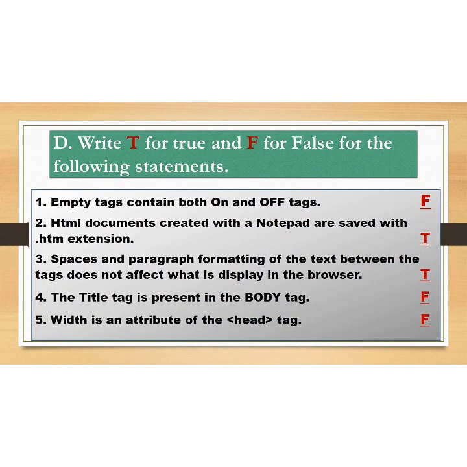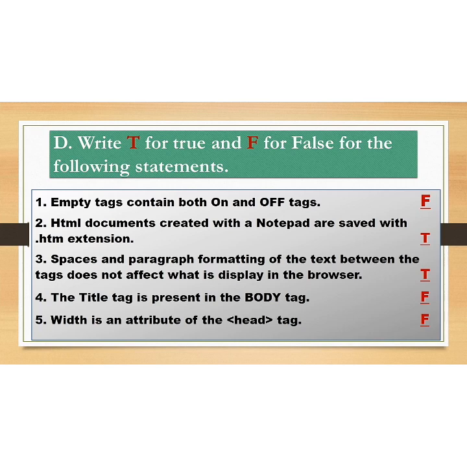Now, it's a time to discuss true and false. So, dear students, please pay attention. It's not like I'll read the sentence and tell it's false or true. We should try logical thinking why something is false. Empty, let's start. Empty tag contain both on and off tag, right?